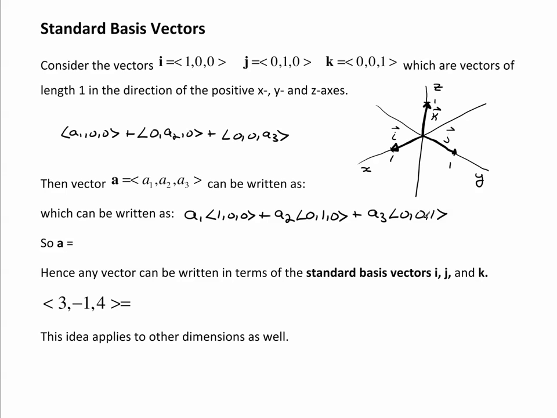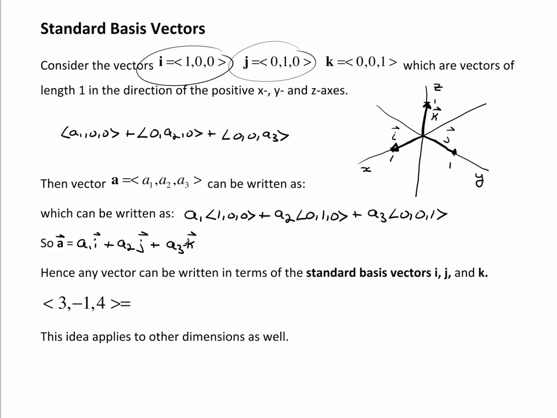Now the significance in that is that I can write vector A as simply being A1 times vector i plus A2 times vector j plus A3 times vector k.